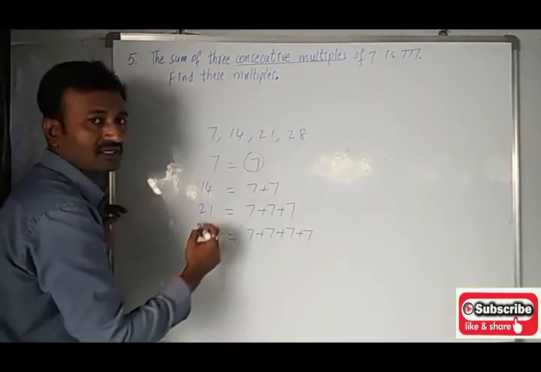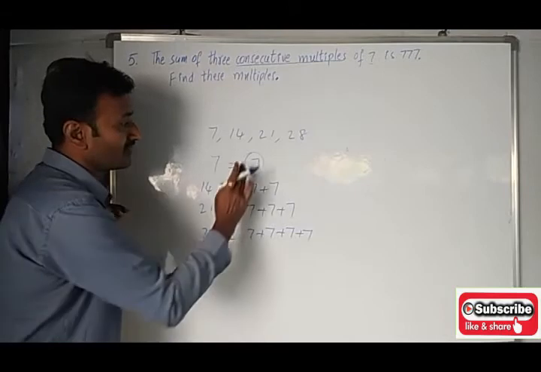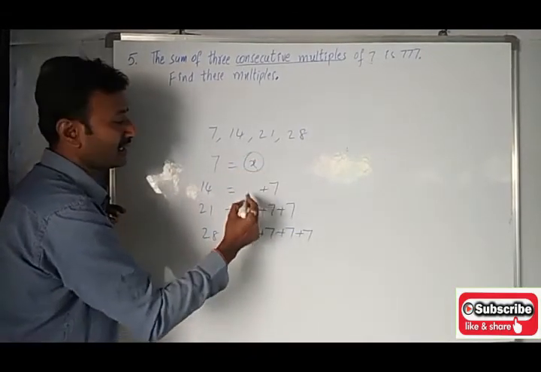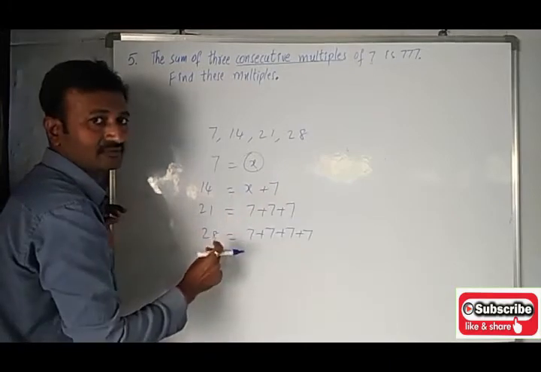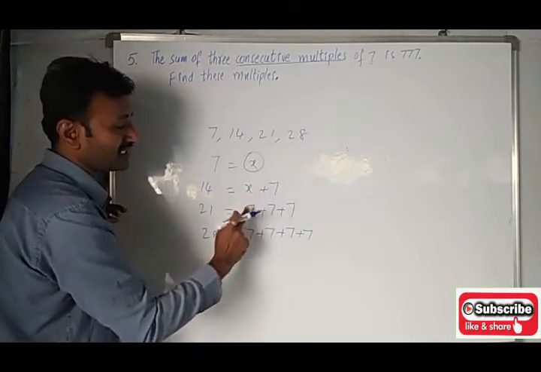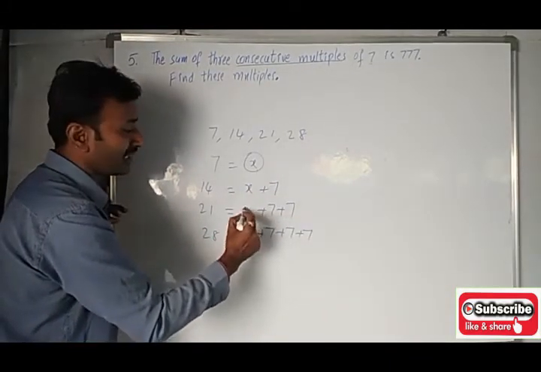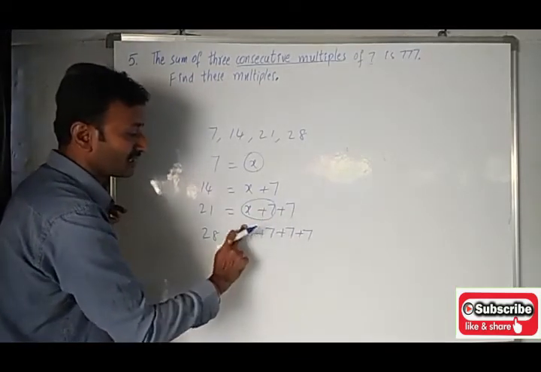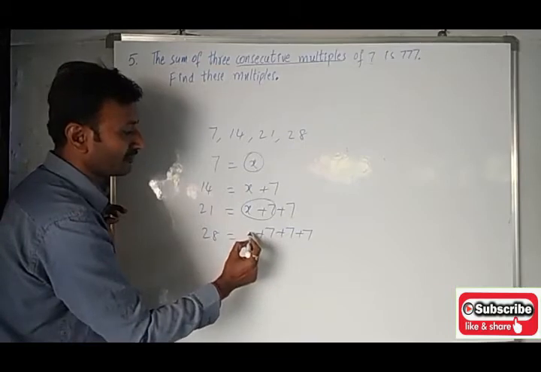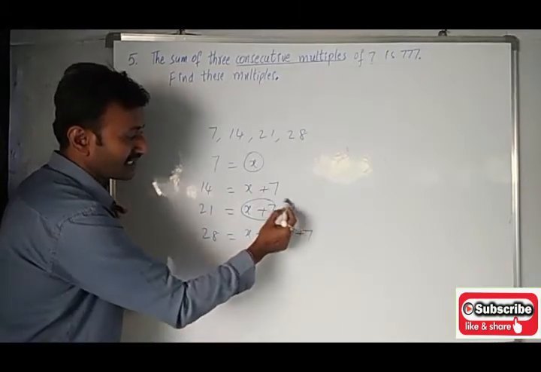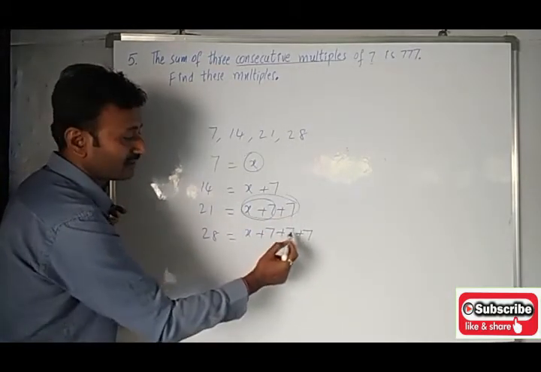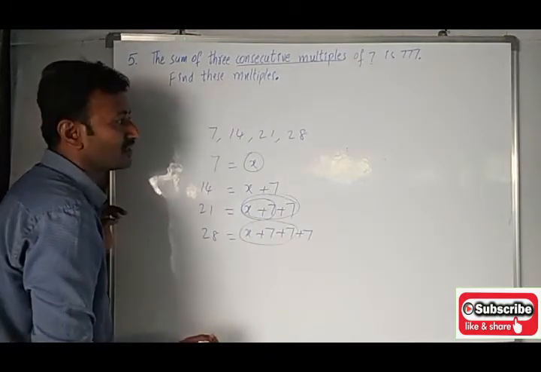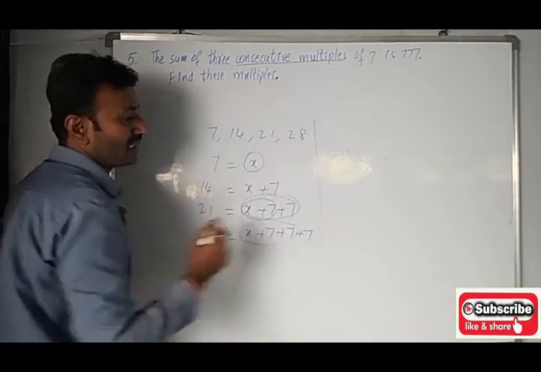This is the first number. If it is x, what will the next number be? x plus 7. If the second number is x plus 7, the third number will be x plus 7 plus 7. The fourth number will be x plus 7 plus 7, and this number again plus 7. So we have one clue.